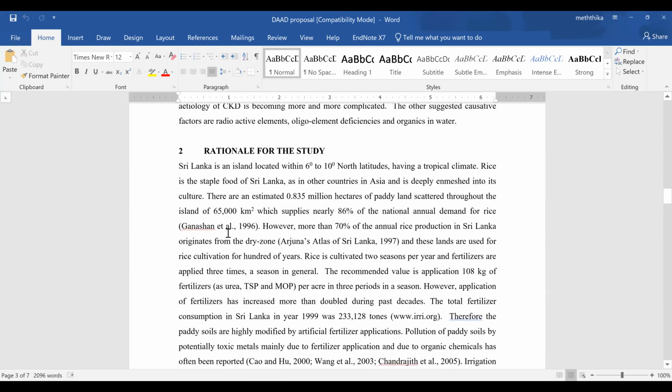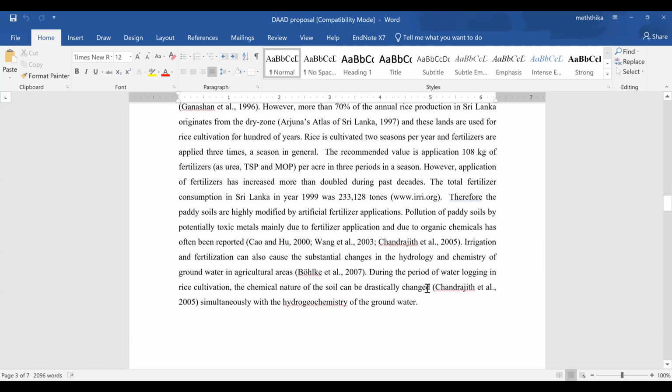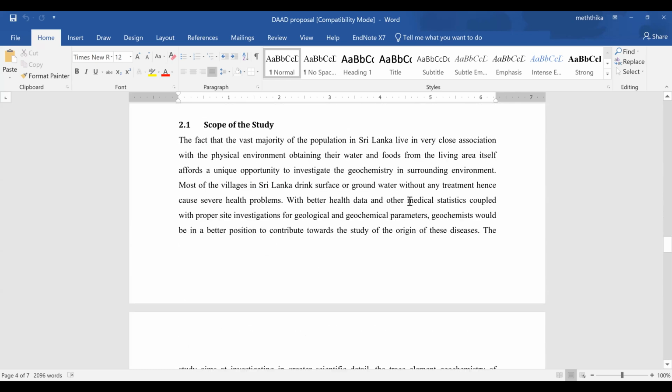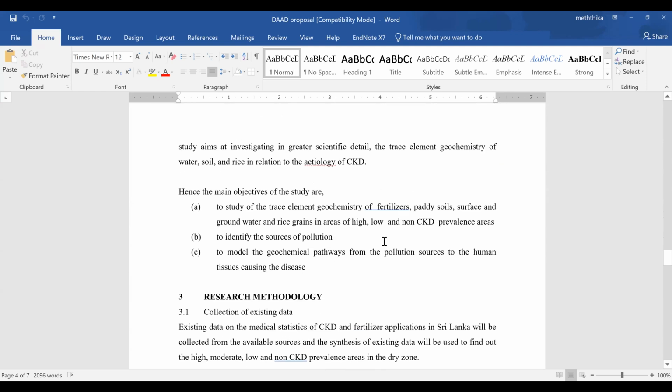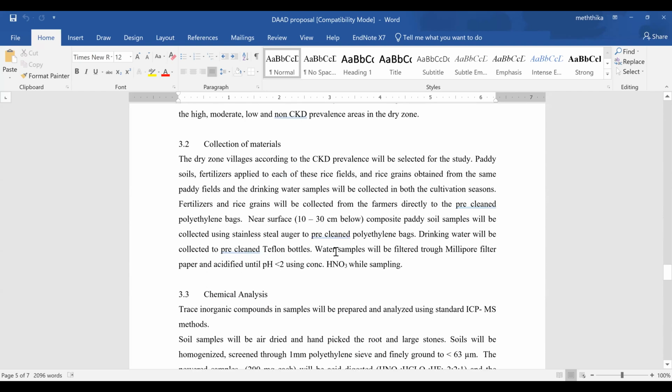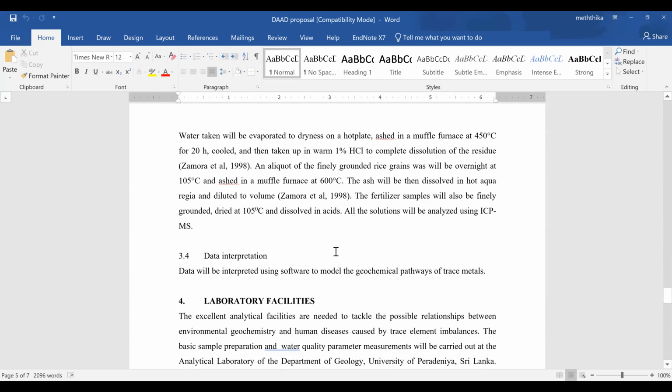And then you provide the rationale why you are planning to do this particular study. And then it comes to the scope of the study. What are you going to analyze? What are you going to study in this particular project? Then it comes to the objectives, and then the research methodology is thoroughly given.